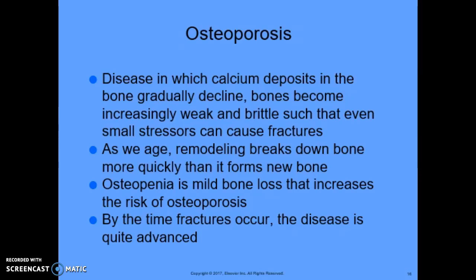Osteopenia is a mild bone loss that increases the risk of osteoporosis. By the time the fractures occur, this disease is quite advanced. People over the age of 50 are particularly at risk, and women are 4 times more likely to develop osteoporosis than men. Osteoporosis is a major public health threat in the United States. It affects more than 40 million individuals.